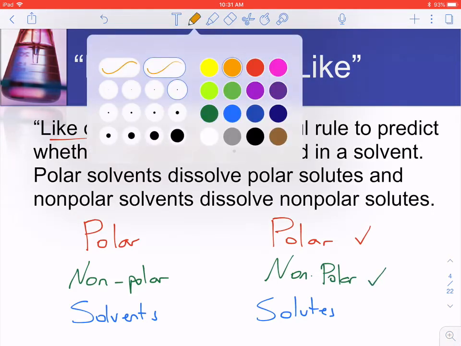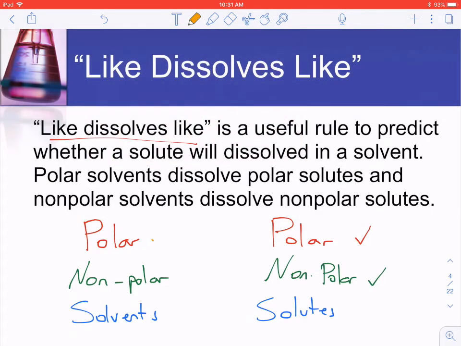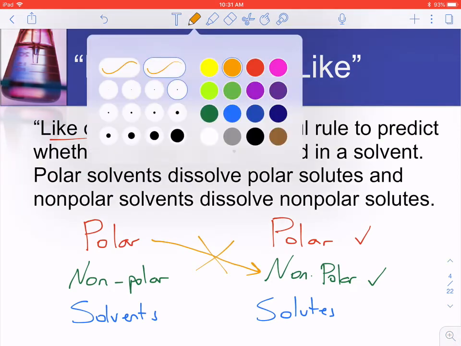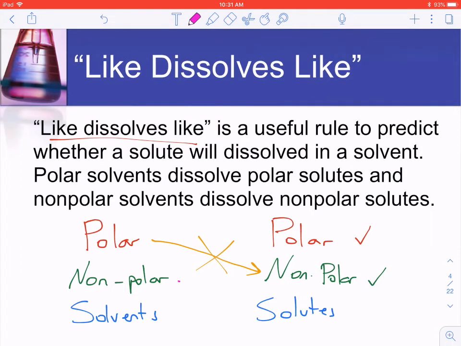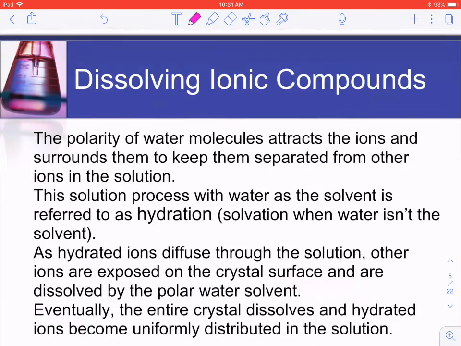But if you try to mix those up, right, if we try to take a polar solvent and dissolve a nonpolar solute, that does not work. And if we try to take a nonpolar solvent and dissolve a polar solute, that does not work. So you can't cross this thing. Like dissolves like means polar dissolves polar, nonpolar dissolves nonpolar.